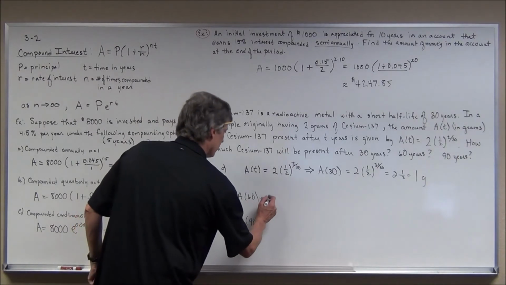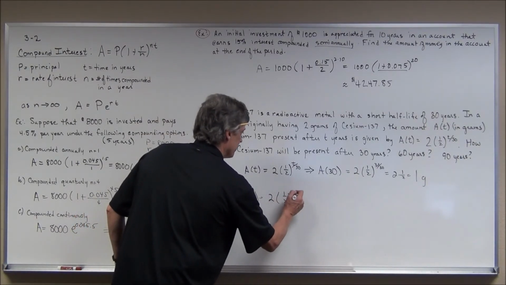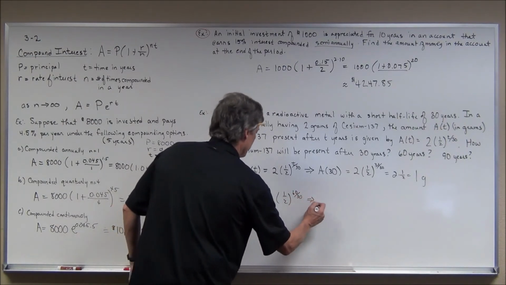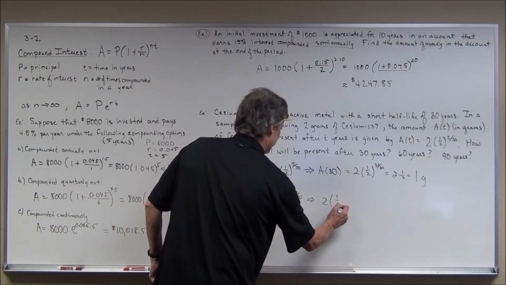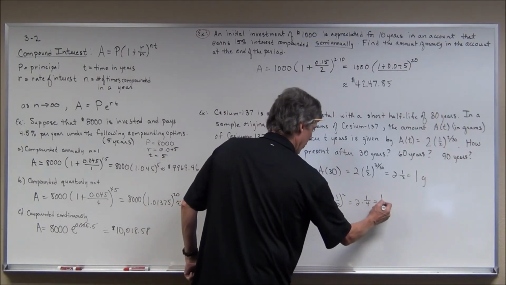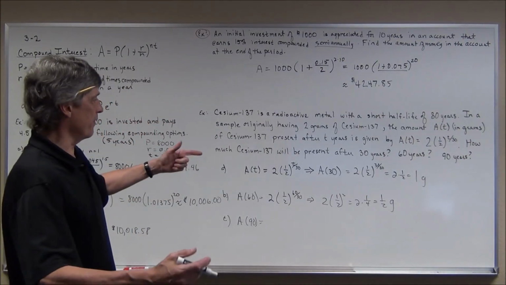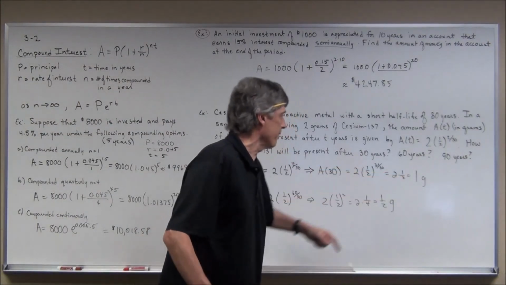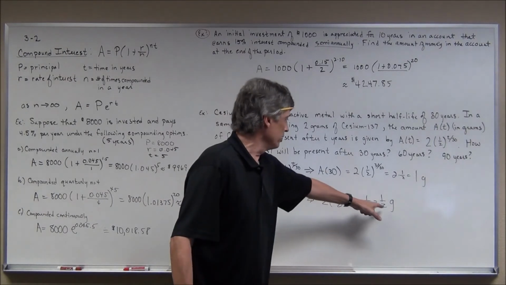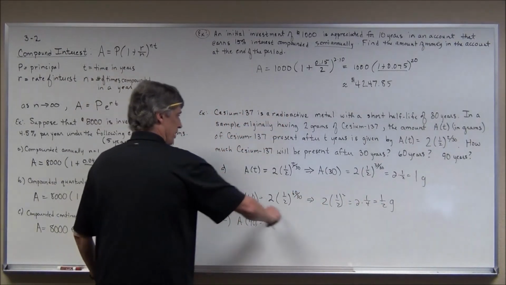Now in 60 years, I'm going to plug 60 in for T. So that's going to give me 2 times 1/2 to the 2nd power, 2 times 1/4, or 1/2 gram. And that makes sense again, because after the first 30 years go by, you have 1 single gram, so you should have half that amount 30 years later.